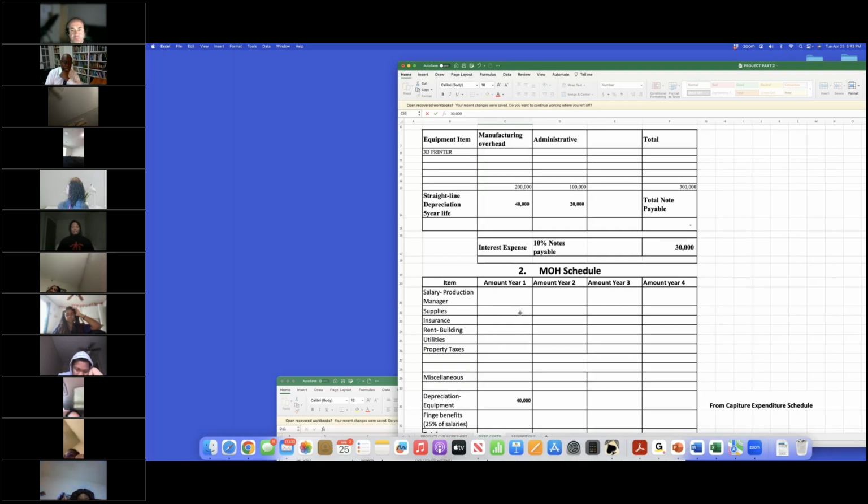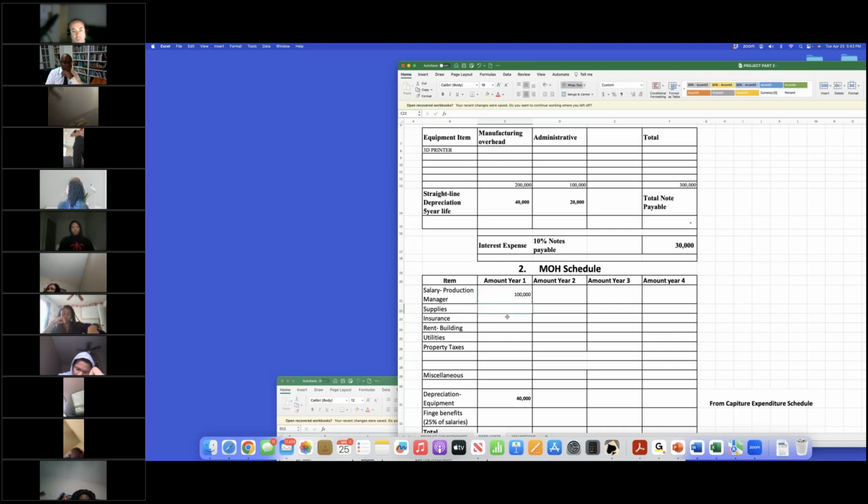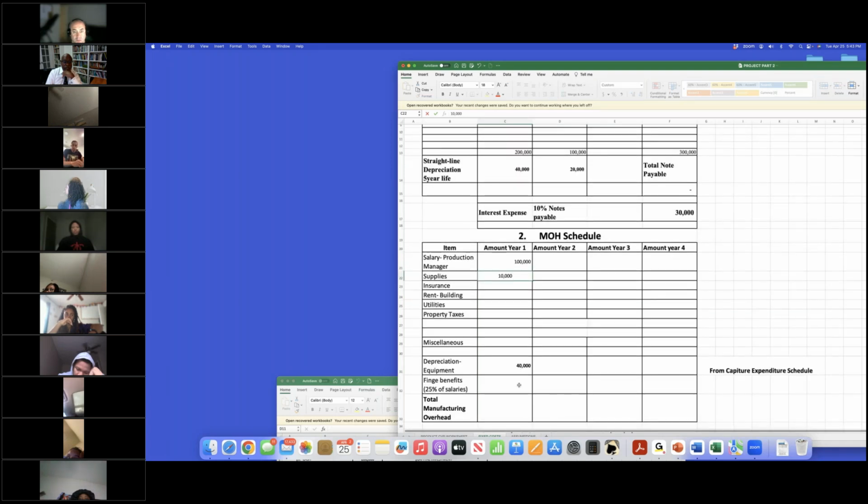Let's just say you have a production salary of 100,000 and let's put some supplies in here of 10,000. And so you understand fringes have to be paid on your salaries. You take 25%.